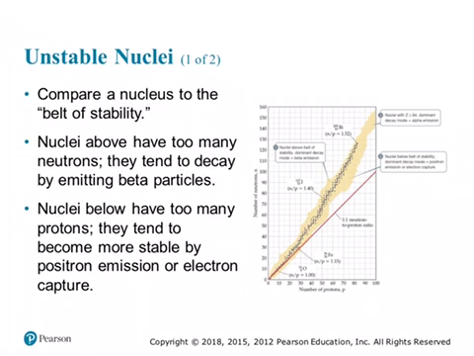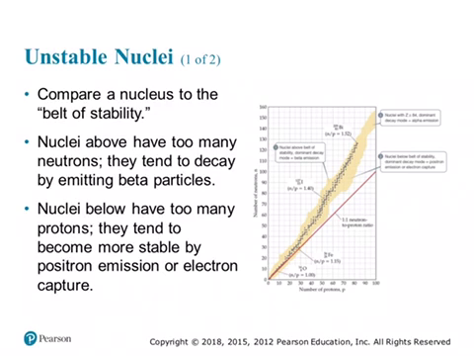The nuclei below wind up having too many protons. So you can see that the neutron to proton ratio is 1.15. How do they do that? They are going to get rid of either a positron or capture an electron.